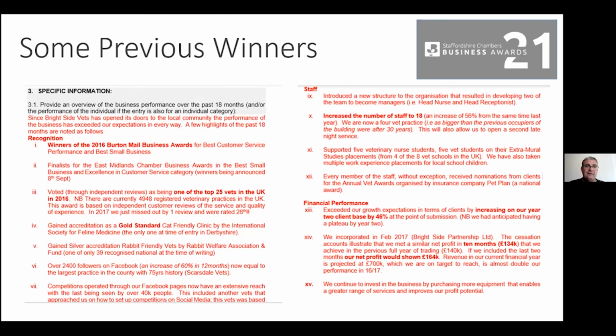But the owners, who were vets themselves, were really proud of the way they were developing in a fairly niche sector, and decided to enter the awards and laid out a brilliant entry form that was very easy for the judges to read, compare against the others, and also evaluate against the others from other sectors. So I think this was a customer service award.